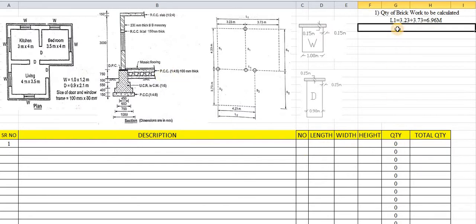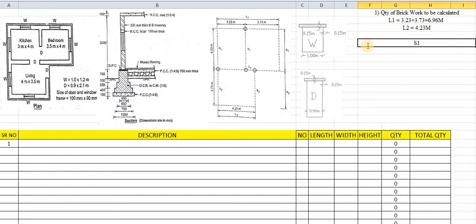What about L2? L2 is not added, it is given directly as 4.23 meters. So 4.23 is the L2 distance. What about the next one, S1? S1 is again 4.23, which has been mentioned here.